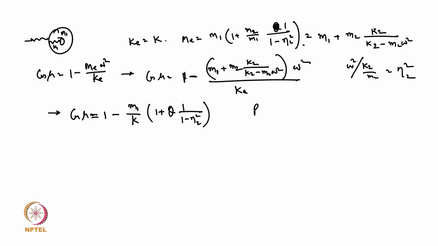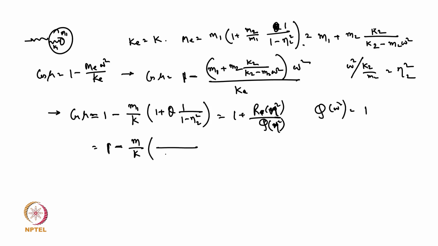Now what is my RE then? We also know that we can express it as RE omega square divided by K, R omega square divided by Q omega square. So what is Q omega square? Q omega square will be 1, or here omega becomes eta. So if I rewrite it a little bit, m by k, then 1 minus eta 2 square, 1 minus eta square plus theta.